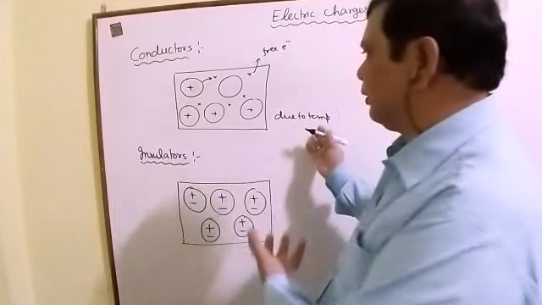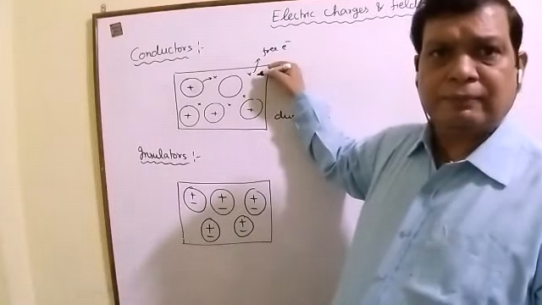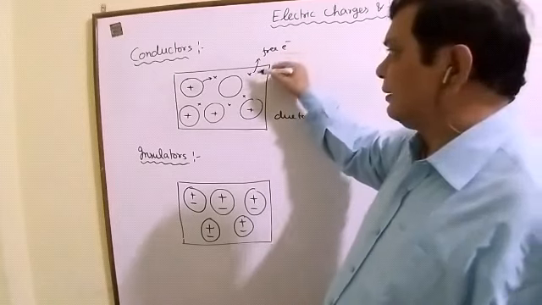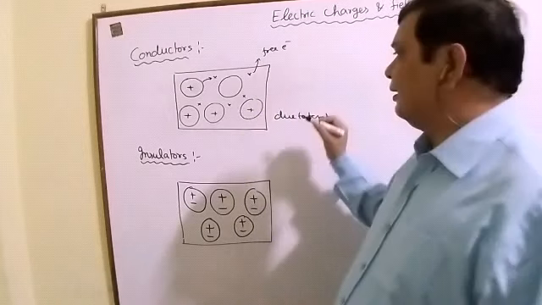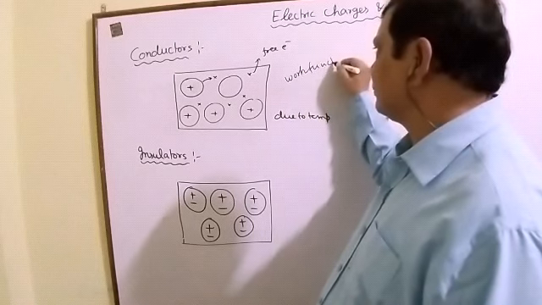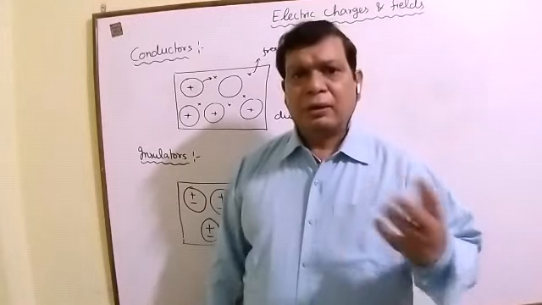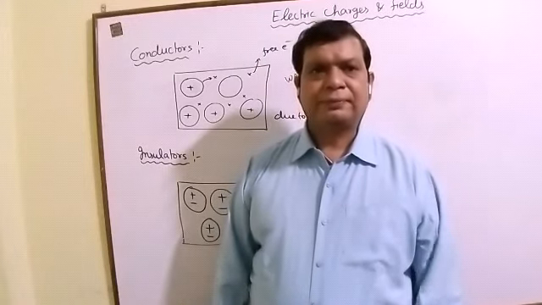At normal temperature, these electrons have thermal energy, but their thermal energy is less than the work function of the metal. Hence, these electrons are not able to come out of the metal surface.